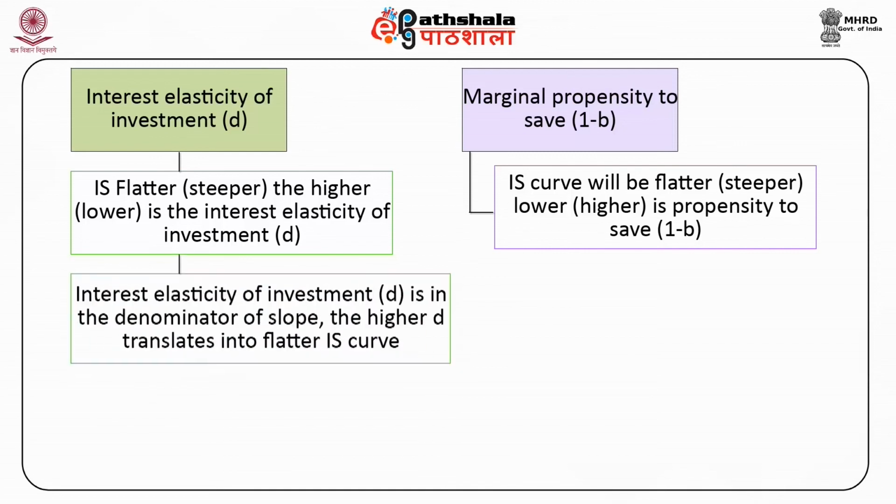Since the interest elasticity of investment d is in the denominator of the slope, a higher d translates into a flatter IS curve.